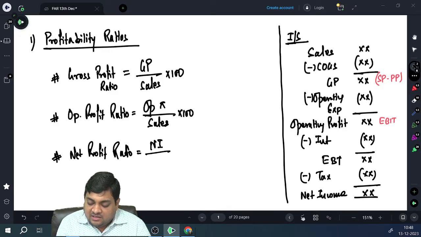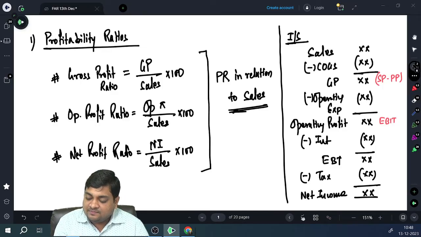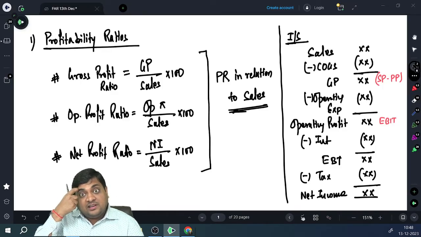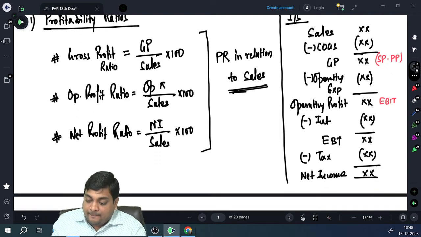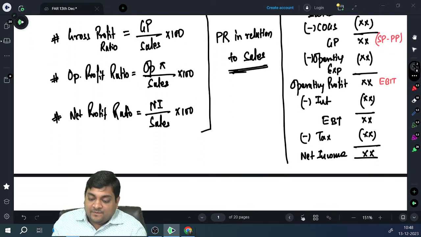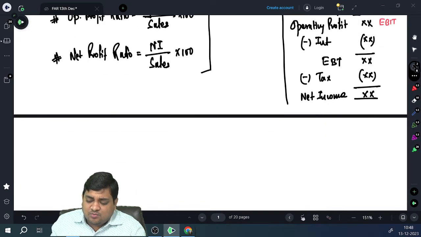So that's net income by sales. This is profitability ratio in relation to sales, right?